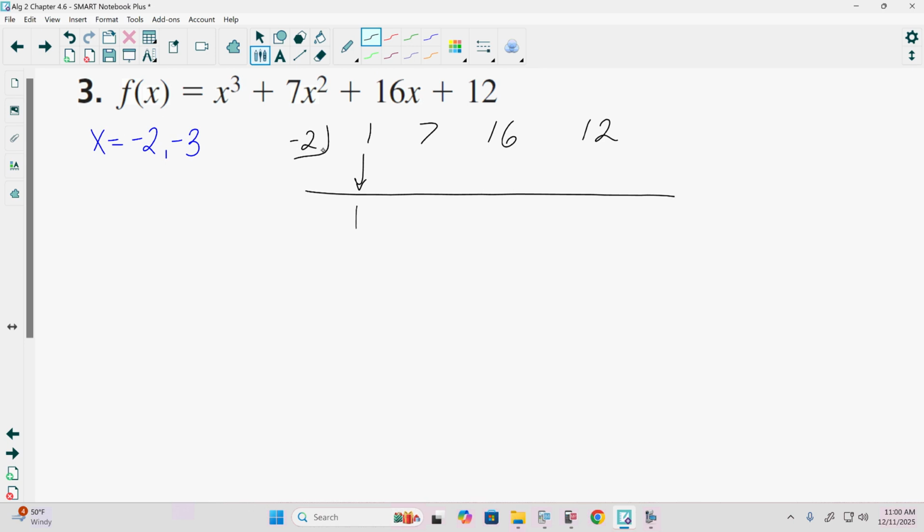Now -2 times 1 is -2. 7 plus -2 is 5. -2 times 5 is -10. 16 plus -10 is 6. -2 times 6 is -12, and 12 plus -12 is indeed 0.